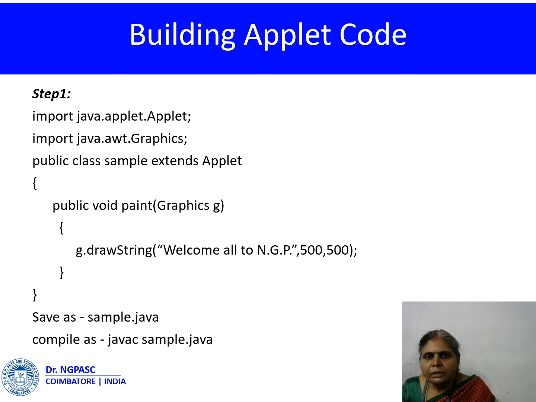Within this class, we have one method, which is not the main method. Instead, we have a paint method which takes the Graphics object g. Using the Graphics object g, we call the method drawString, where the string is "Welcome to NGP" at location 500, 500: x is 500, y is 500. So now we have created an applet code in Java.